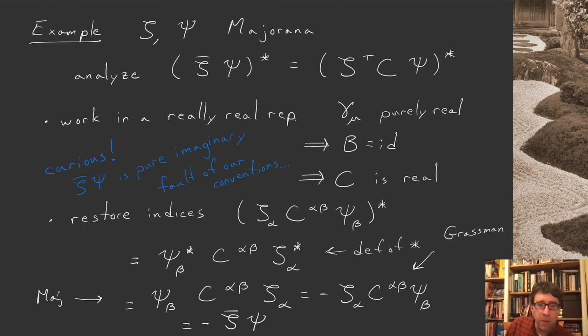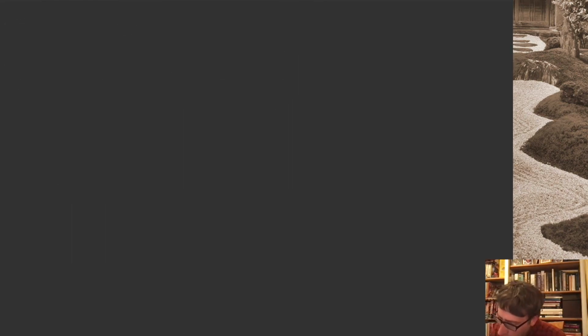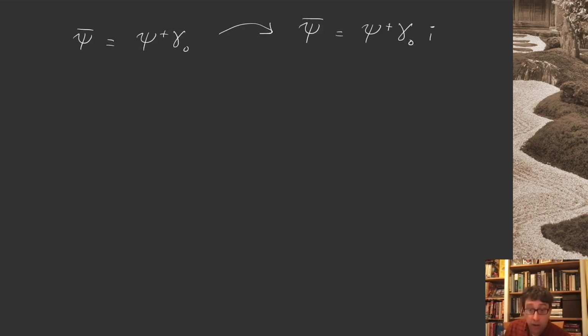I'd like to make a remark about what happens if you choose slightly different conventions. I'll just point out that in many places you'll see that psi bar is not just psi dagger gamma 0. There's an extra i in the definition, an extra square root of -1. And so if you'd done that, then you would have found that this inner product is a real quantity.